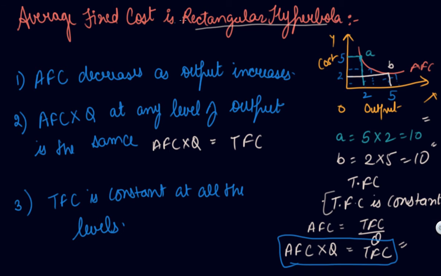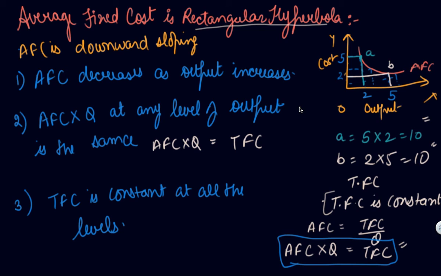These are the reasons for your rectangular hyperbola, and your hyperbola is downward sloping. Right? Your average fixed cost is downward sloping because as you're increasing your output, your average fixed cost is reducing, but it can never be 0 or negative, because some or the other cost will be incurred by you.